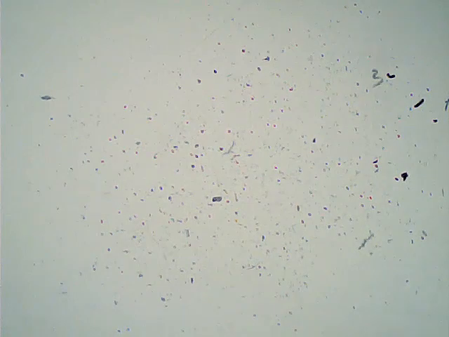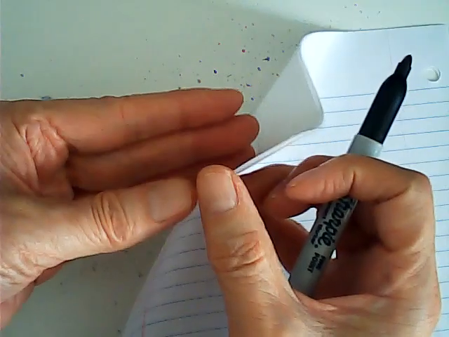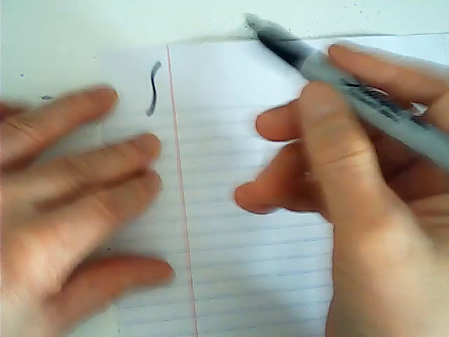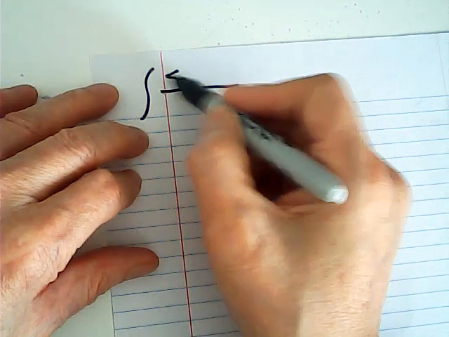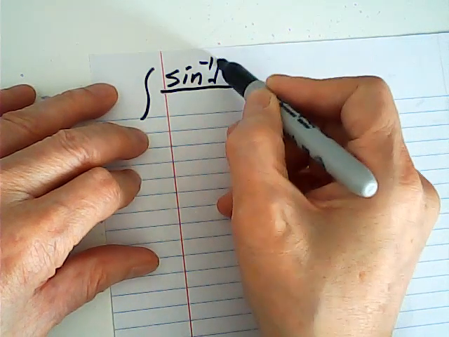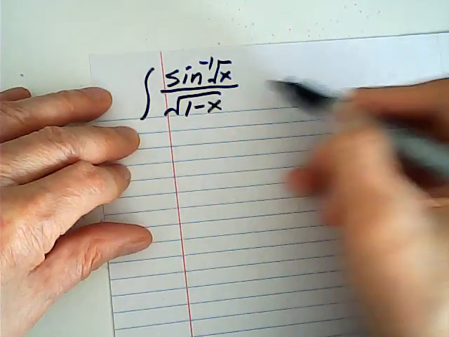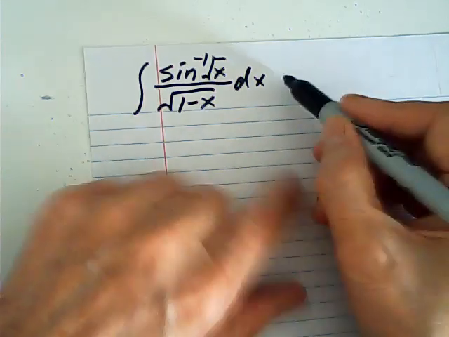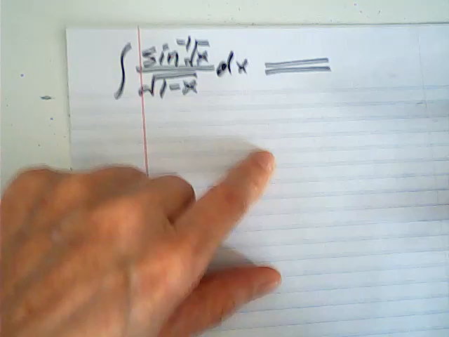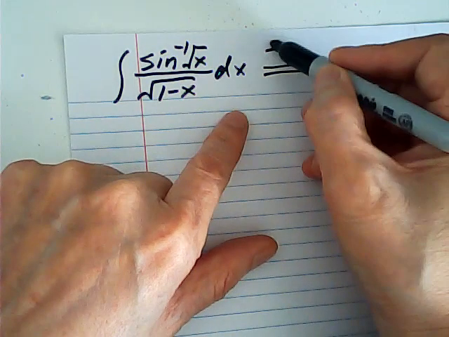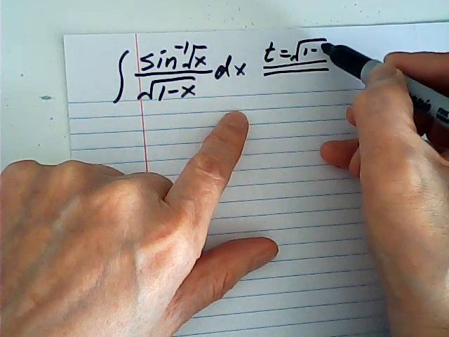Okay, method 3. Arcsine inverse 1 minus x dx, right? Third method, I'm going to let t be this.